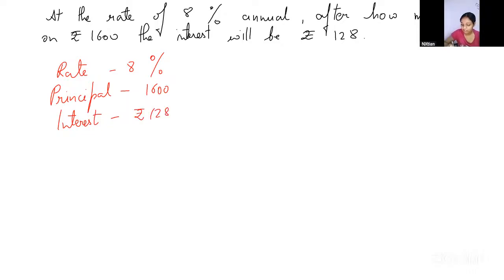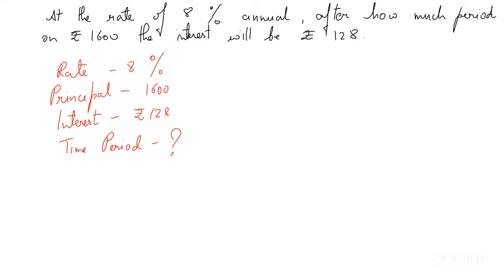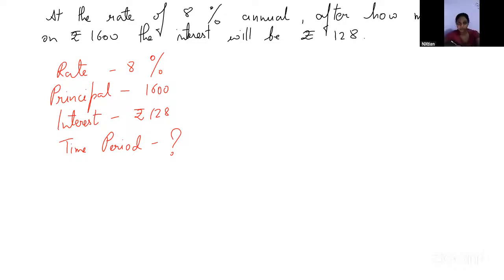I have to find out the time period. What I will do is use the formula of interest. Joshua, what is the formula of interest? Yes, Abraham, is the answer 1? Yes, Abraham, correct. Joshua, what is the formula of interest?